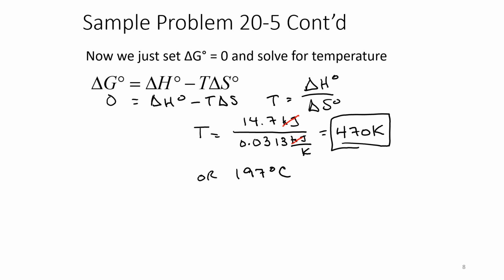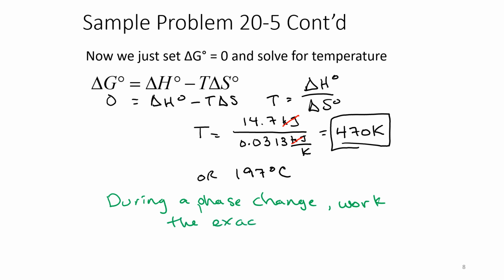So again, when you have a problem like this, or during a phase change, we're going to work the exact same way. Whenever it asks when this changes from spontaneous to non-spontaneous, or when there is a phase change, we can always set our delta G equal to 0.